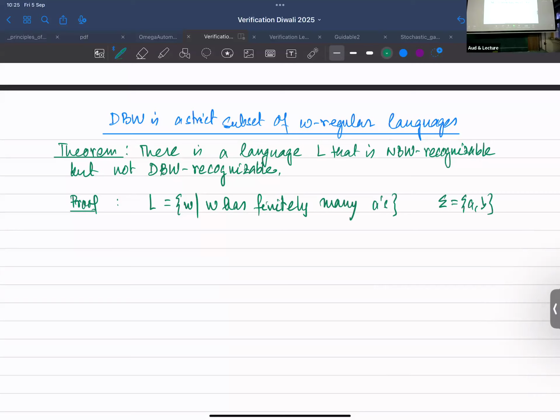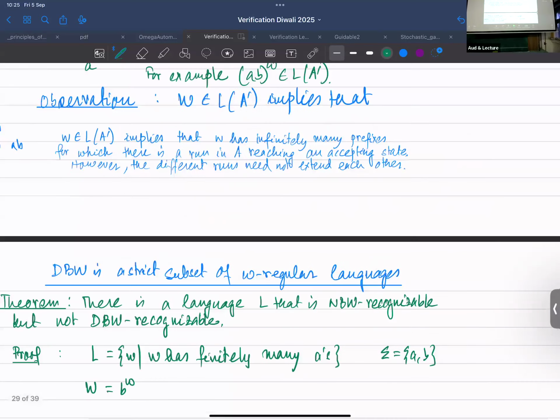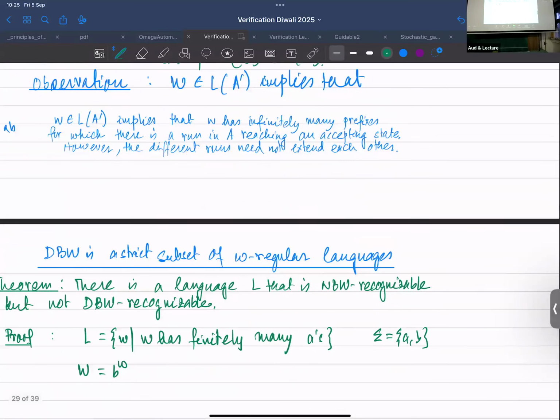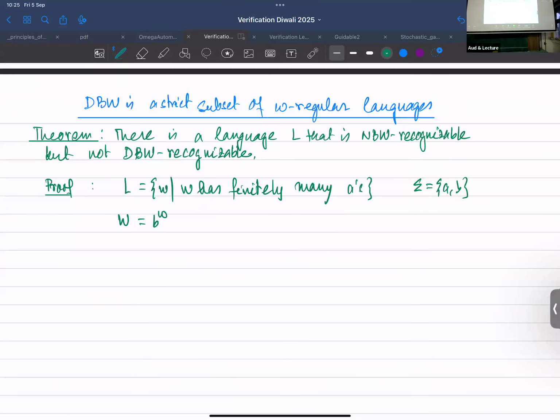Okay. So now suppose I consider the word W, which is B^ω. So B^ω should belong to L. Clear?